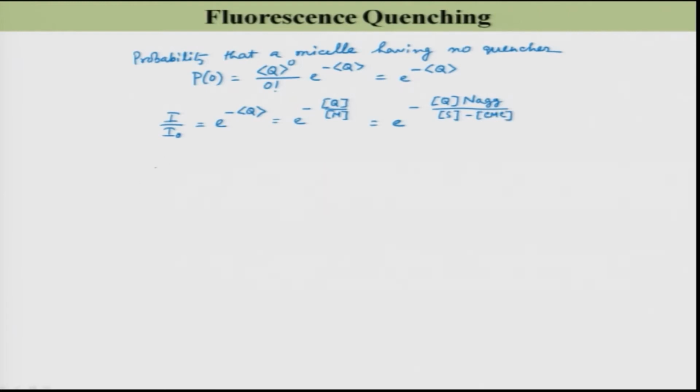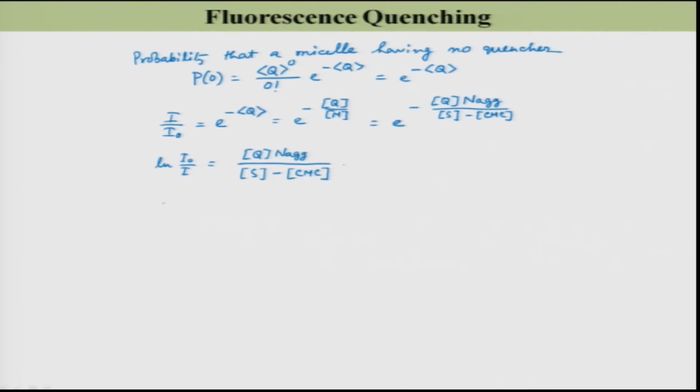So, if I take ln, ln I0 by I is equal to Q n aggregation divided by S minus CMC, right.